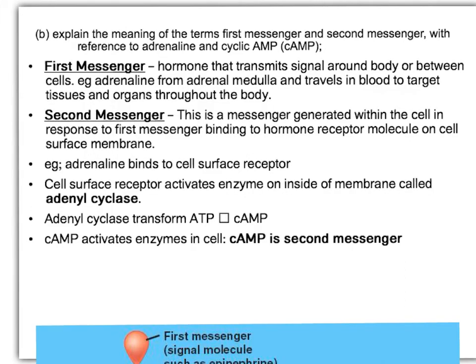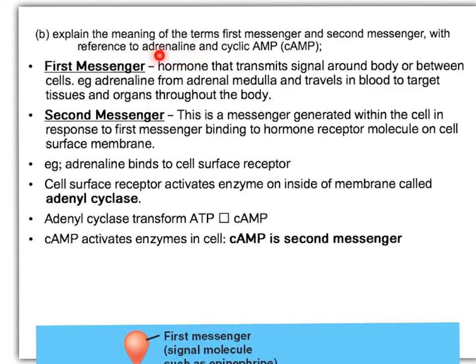This slide deals with what happens once a hormone or any messenger has bound to a receptor molecule. The example here deals with a receptor molecule which is actually on a cell surface membrane, and the example deals with adrenaline.